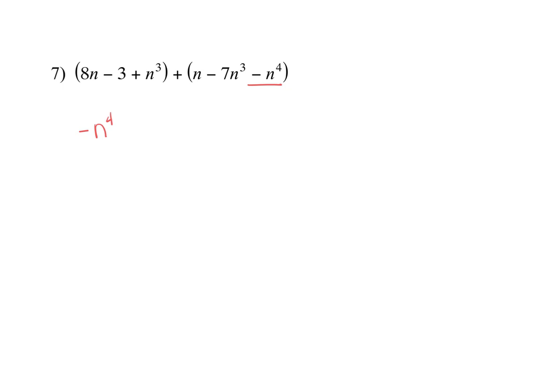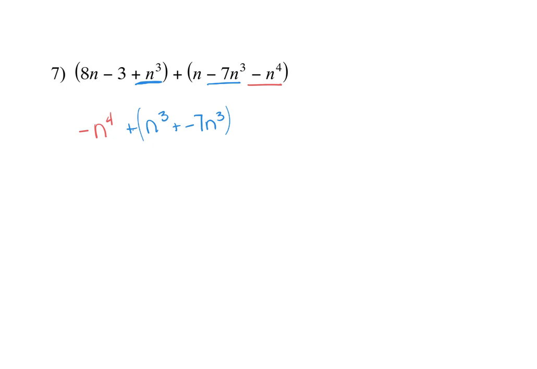I'm going to move on from there into the thirds. So I'm going to start here. I have an n to the 3rd plus a negative 7n to the 3rd. Okay. Once I've done my n to the 3rd, I look for anything n to the 2nd.